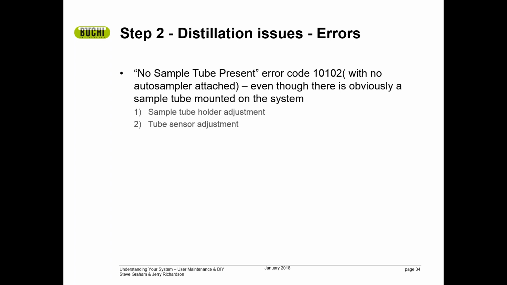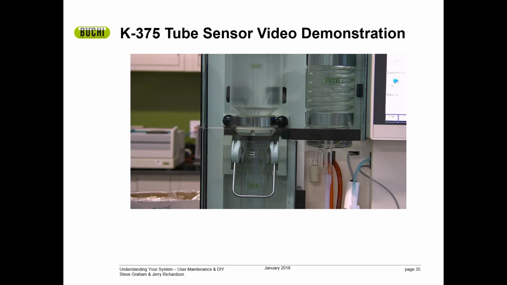What has happened is the adjustment of the sample tube in relationship to the sensor has moved somewhat, and it's a very simple process on the K375 to adjust this so that it does take care of the problem. We're going to take a look at a video where we are going to adjust that sample tube sensor to remedy this.